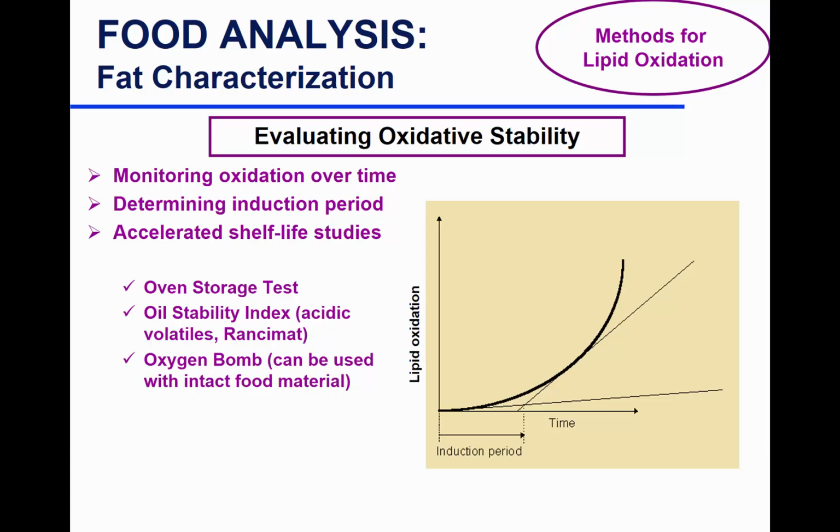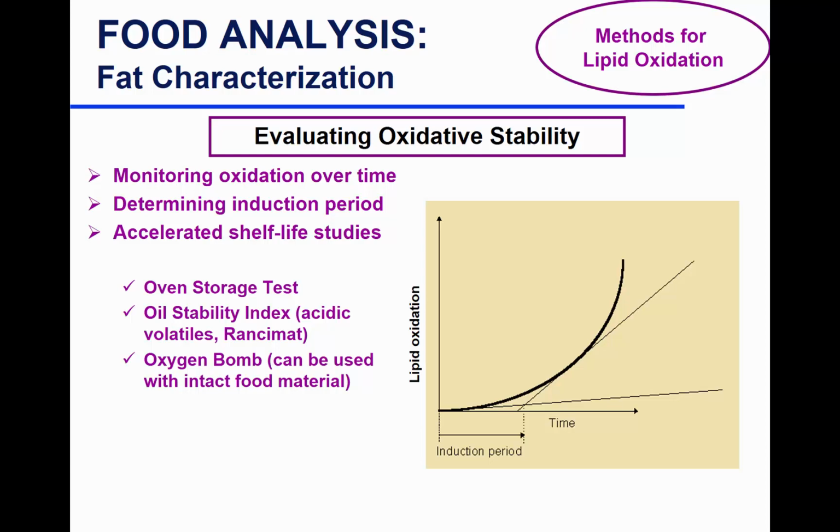Volatiles will start to leave the oil, mostly formic acid, and these volatiles will be captured in a tube system, and then go into a water container, and then conductivity will be measured. So as formic acid starts to form, the conductivity will change, and then you can determine the onset of oxidation that way.